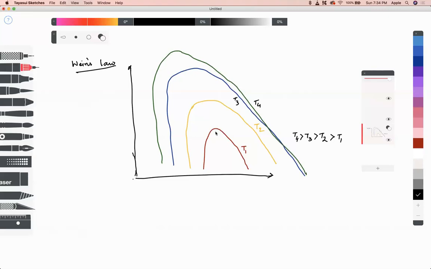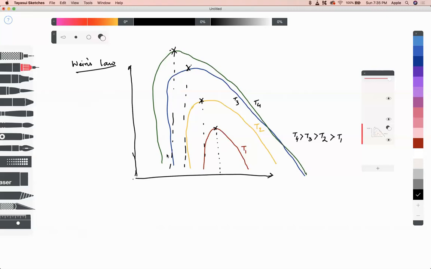Initially, you see this is the wavelength for which the maximum amount of radiation is coming. Every other wavelength has a lesser amount of radiation. Only this particular wavelength has the maximum amount of radiation. Similarly, the next maximum point will come like this, and the next maximum point will come here.